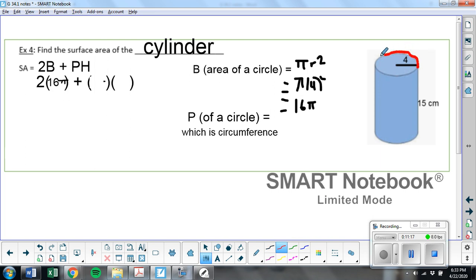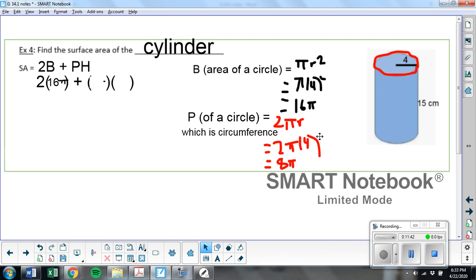So what's the formula for circumference of this? Circumference is 2 pi r. 2 pi, my radius is 4. So my perimeter is 8 pi. Again, I should see that work. The perimeter I fill in, 8 pi.